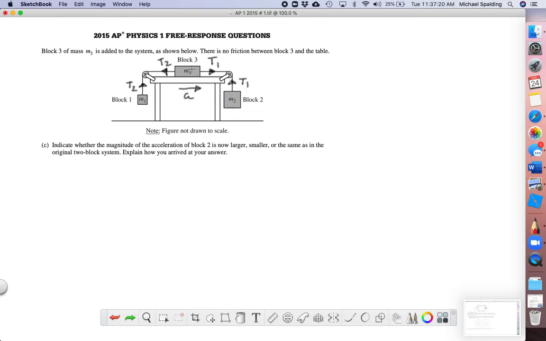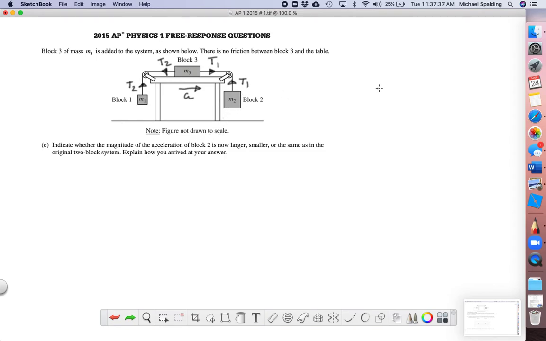So the question is: indicate whether the magnitude of the acceleration of block 2 is now larger, smaller, or the same as it was in the original system.